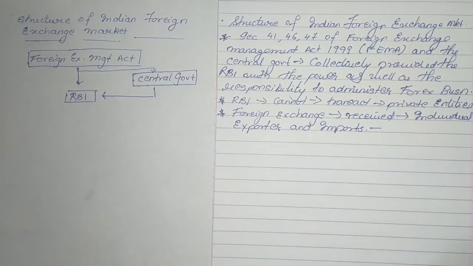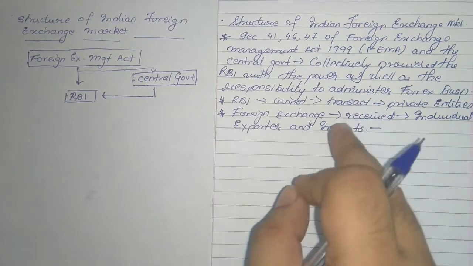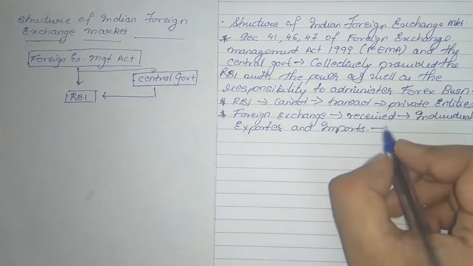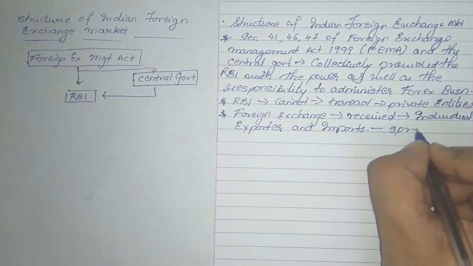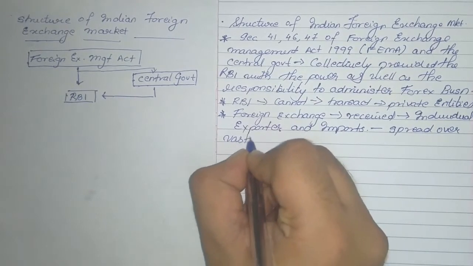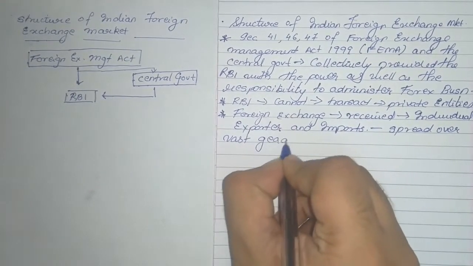So we can conclude by stating that foreign exchange is required or received by individuals, exporters and importers, which are spread over a vast geographical area.